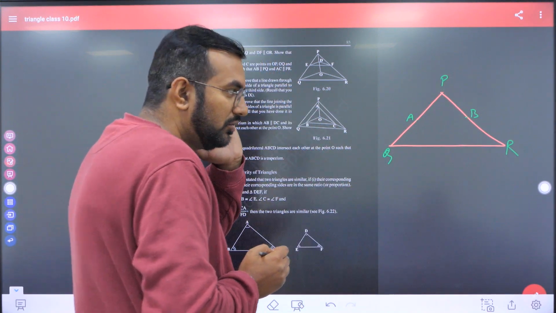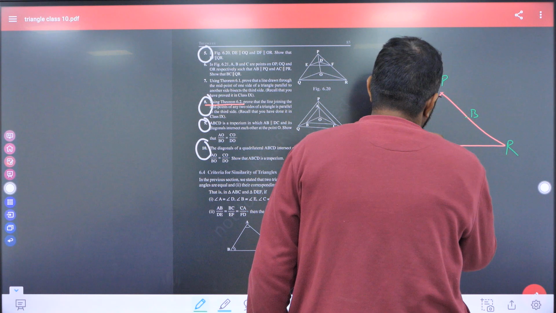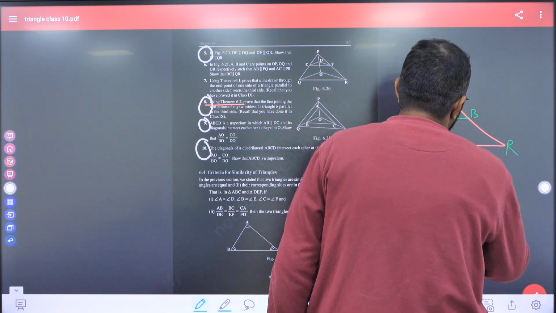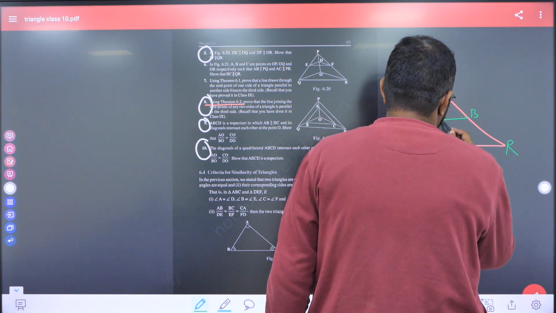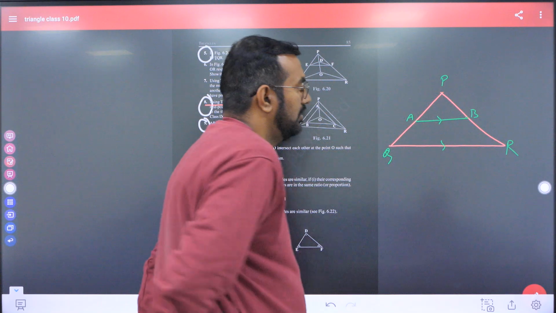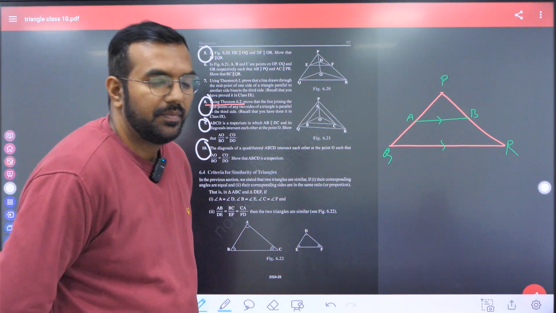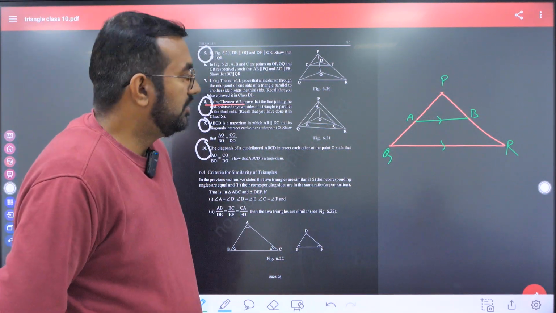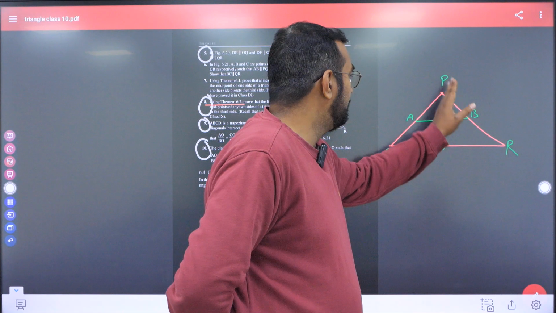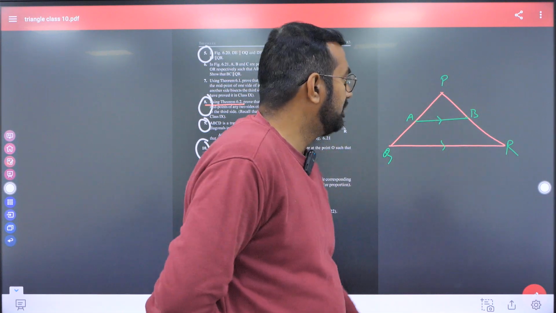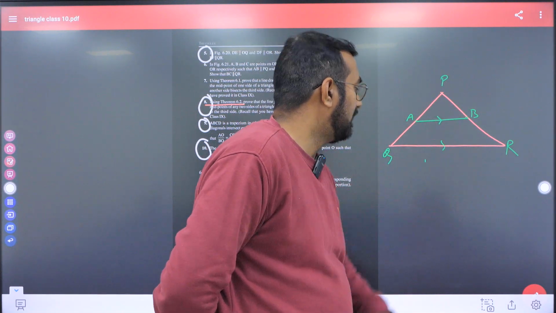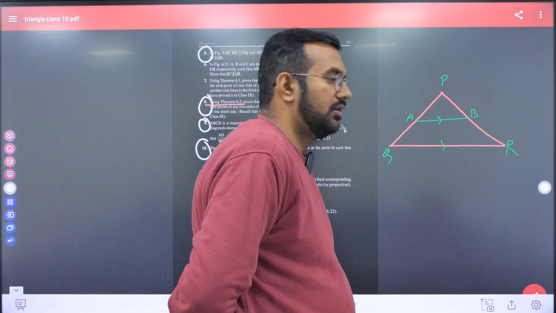Then we have to show that AB is parallel to QR. Here it is given that A and B are the midpoints of PQ and PR respectively, and we have to show that AB is parallel to QR.